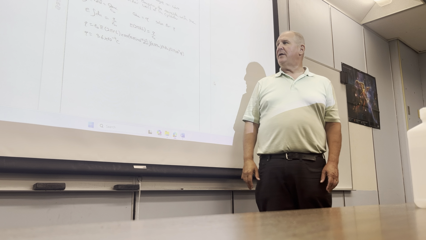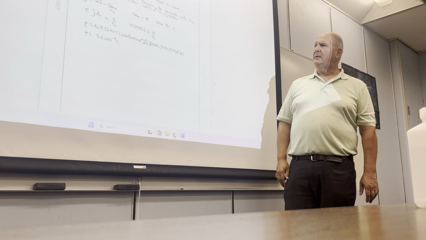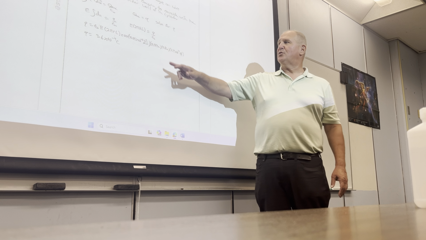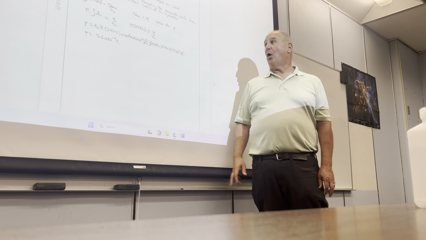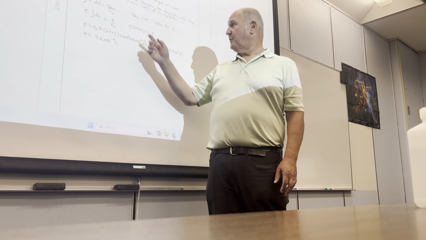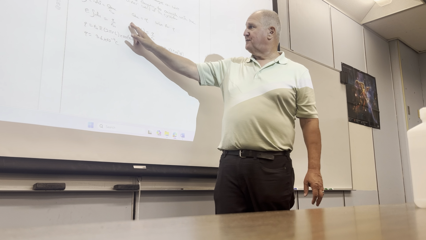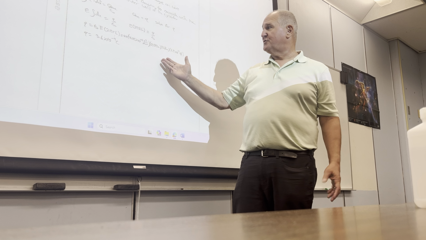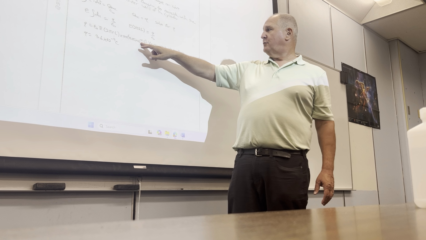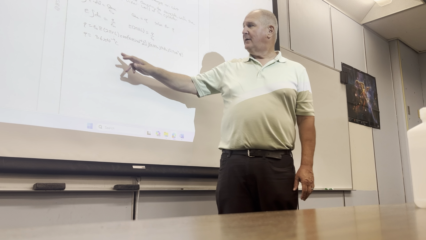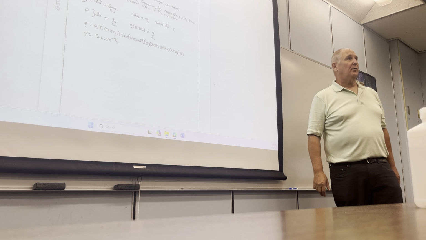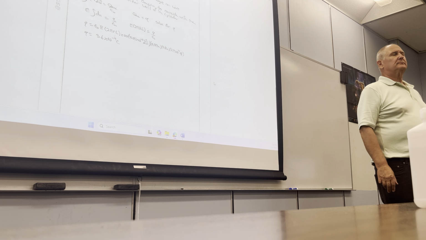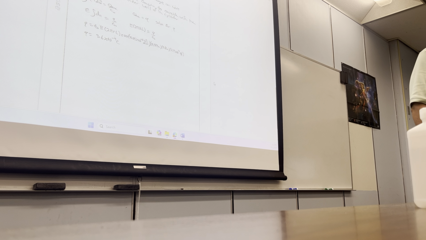We end up with just the surface area of our cylinder, which is 2 pi r times L. Then we solve for Q by multiplying our entire flux by epsilon naught, which is what we did before. With all the numbers, we end up with a value of 3.6 nanocoulombs.